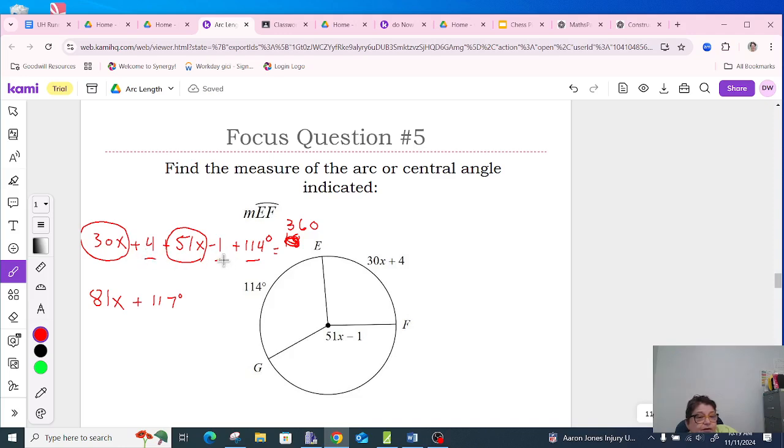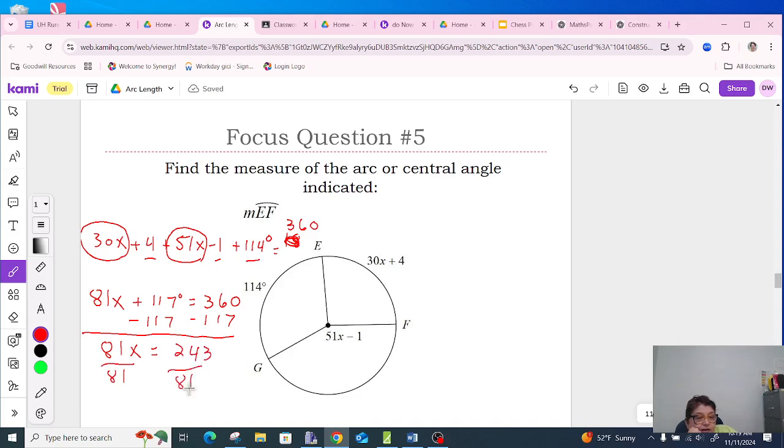So I have to subtract the 117. 81x is equal to, what's 360 minus 117? 243. And divide by 81, it'll be 3.